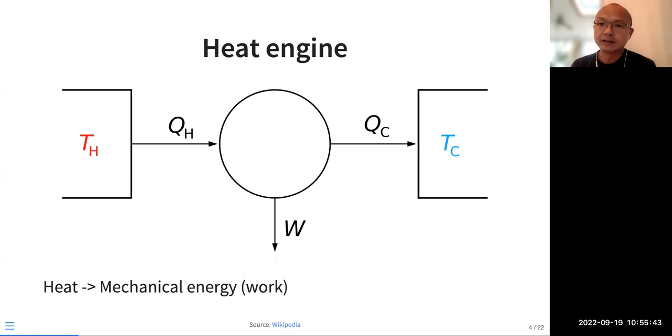So no matter if you're talking about a power plant, a jet engine, or your car engine, if it's an internal combustion engine, it's fundamentally a heat engine. You have a heat source at high temperature and convert the heat to mechanical energy, and then the temperature comes down.